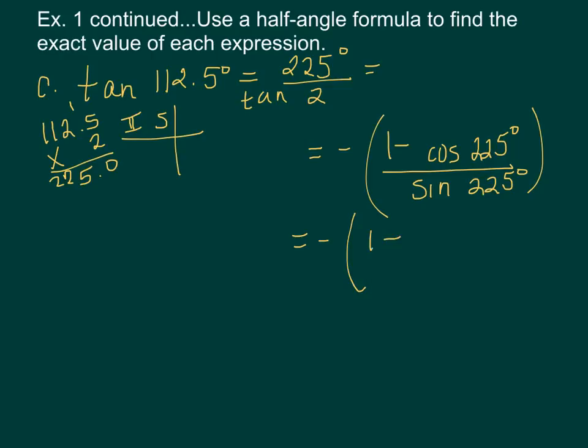And then cosine of 225 is the same thing as 45, which is radical 2 over 2, but it'll be negative, so plus. And sine of 225 is the same thing.